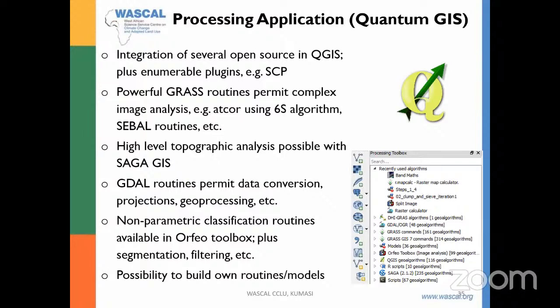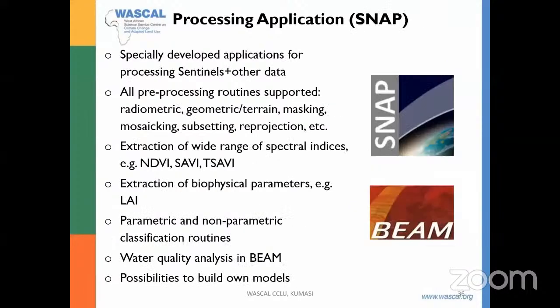We can also have non-parametric classification routines available so that we can perform some segmentation. And lastly, since it's open source, we have the possibility of building our own routines or models to incorporate and use.